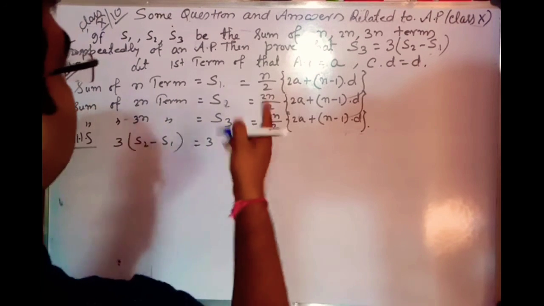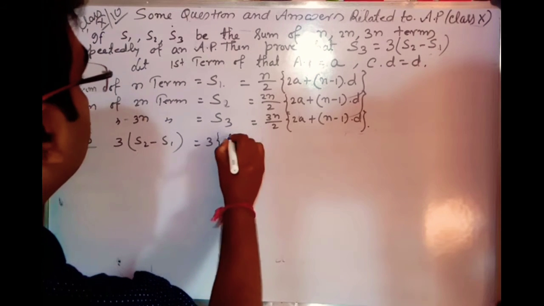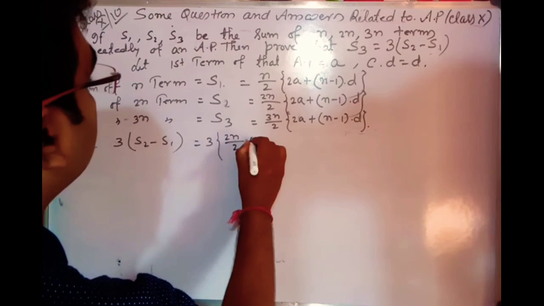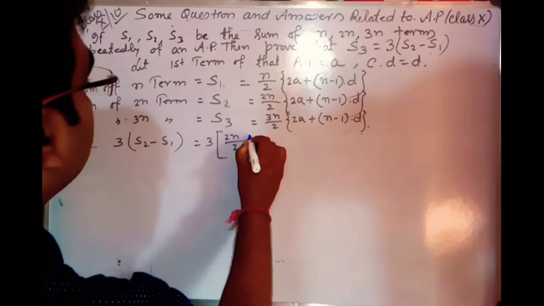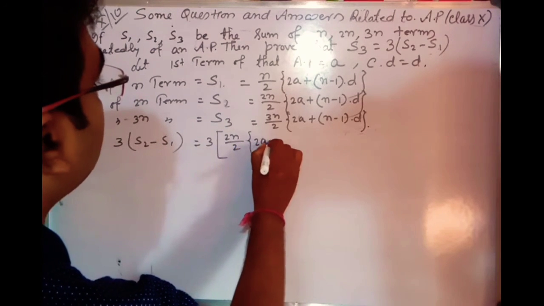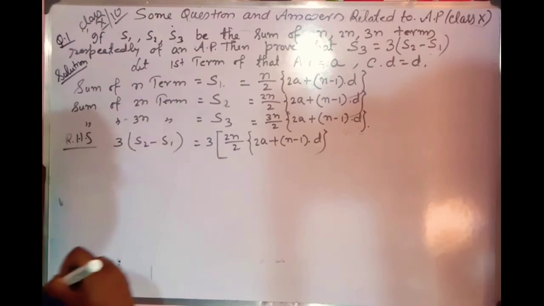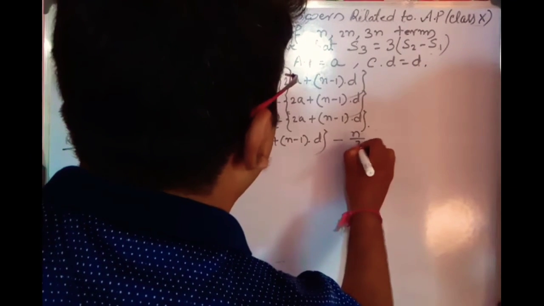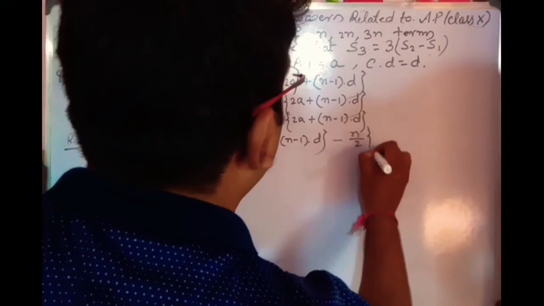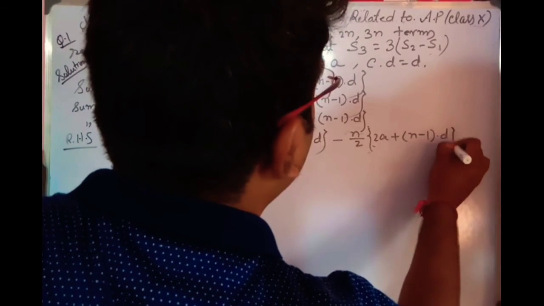So S2 minus S1 means 2n by 2, I'm taking third bracket, into twice A plus n minus 1 into D, this is S2, minus S1, n by 2 into twice A plus n minus 1 into D.